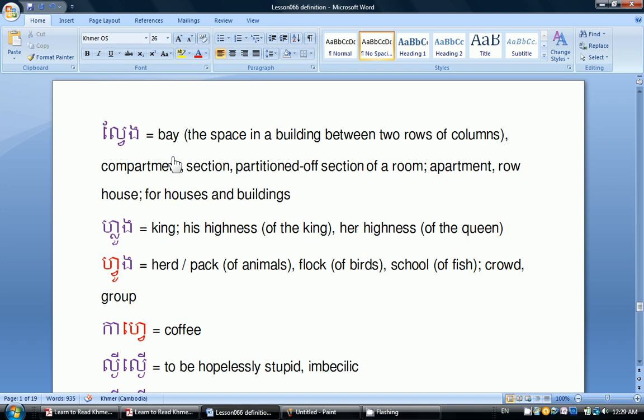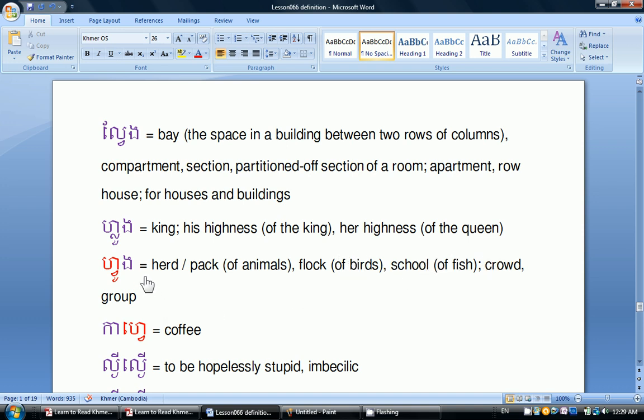Levang is a bay, which is a space in a building between two rows of columns, a compartment, section, or partition of a room, apartment, or row house, or for houses and buildings. Luong means king, His Highness of the King, or Her Highness of the Queen.